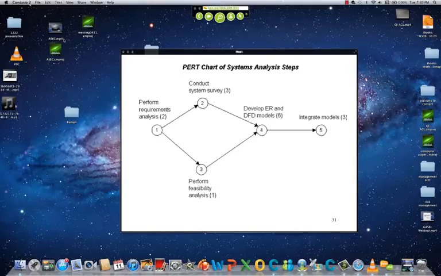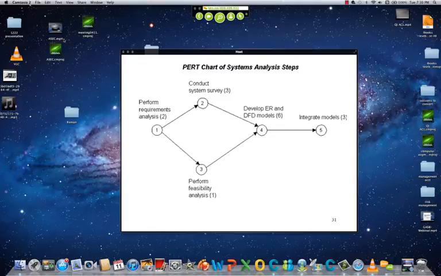So it tells you the sequence of the stages, what the stages themselves are, and what stages can be done simultaneously. In parentheses, you can see numbers for each stage. In this case, the numbers indicate the number of weeks it takes to complete each stage. Weeks, months, years, depending on the project.